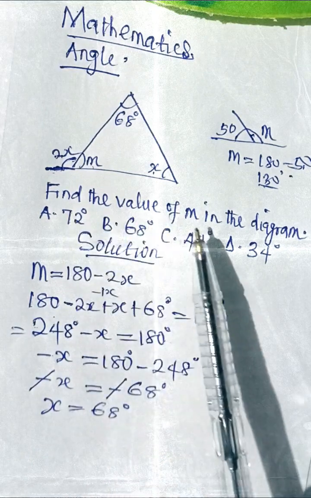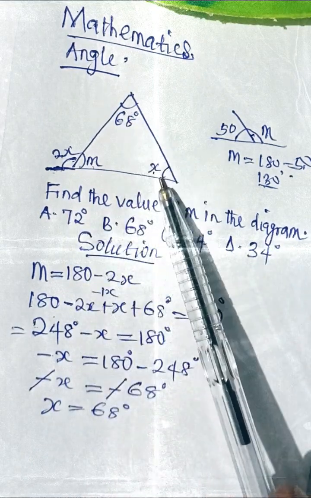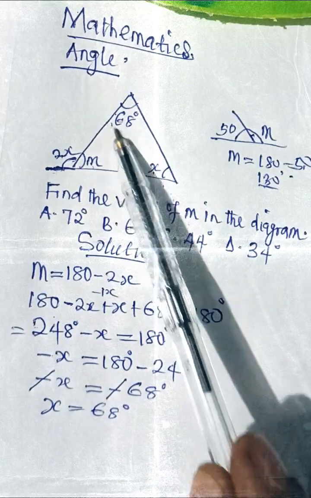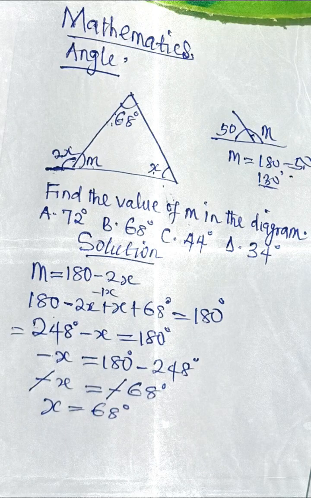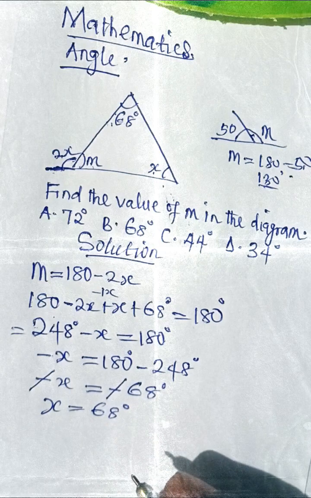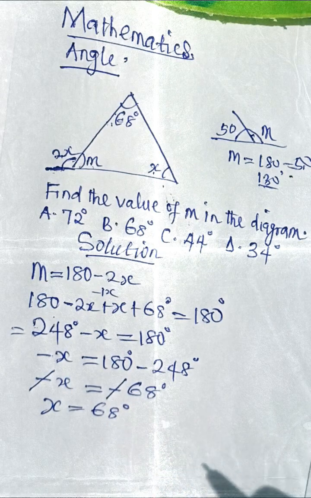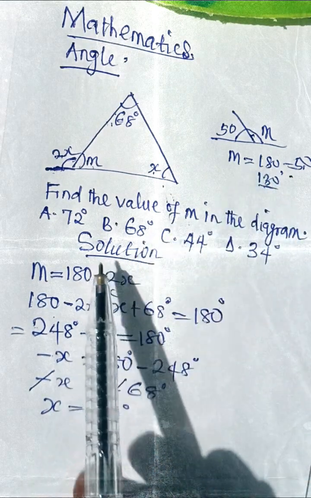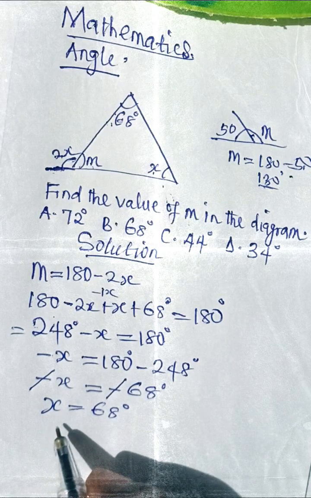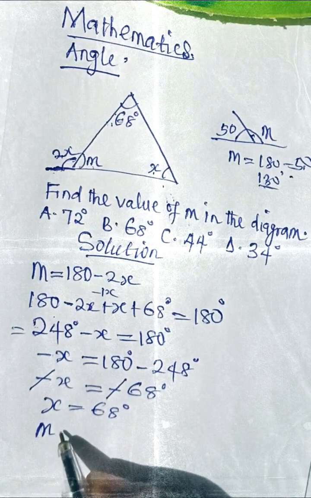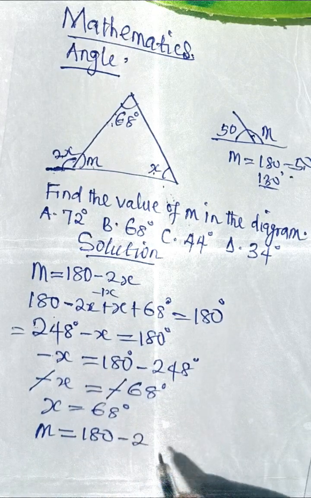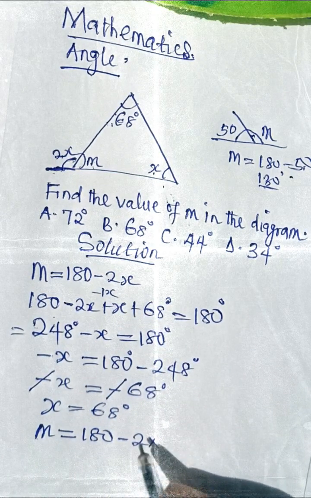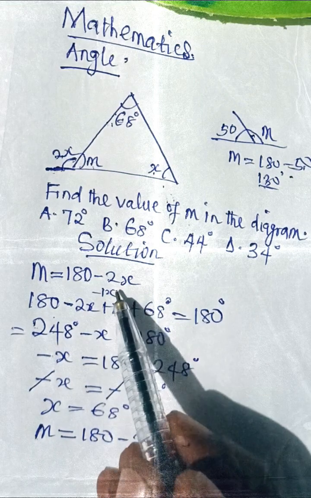But what they ask us to find is m, not x. But since we have already known x, I will now say that my m will be equal to 180 minus 2 multiplied by 68 degrees, because this is 2x.